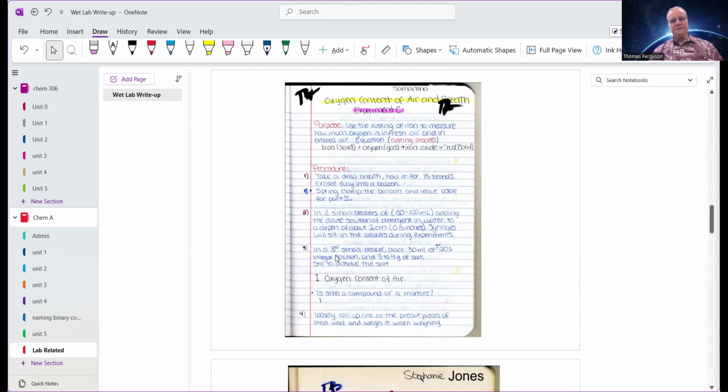Now I'm going to show you an example. This is a lab we did up in Tacoma. It's a really good lab. I'm going to try to get this lab introduced into Chem A for next year or the year after. Anyway, we have to have the title of the lab. That's kind of like, duh, right? The next thing we have to have is purpose. Why are we doing the lab?